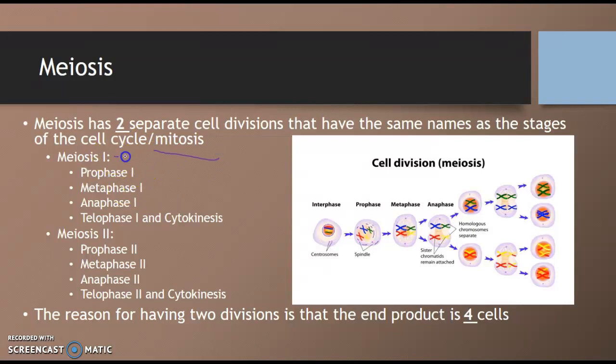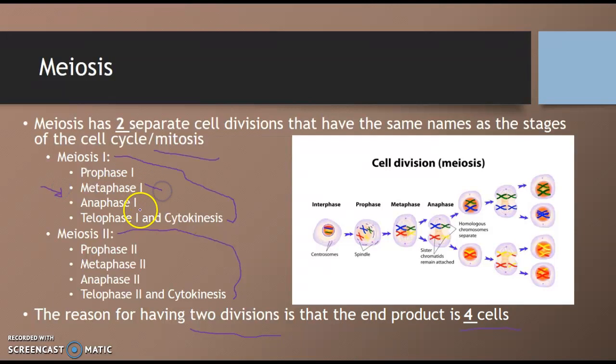In meiosis 1, you have prophase 1 going all the way down to cytokinesis 1. Then in meiosis 2, you have prophase 2, metaphase 2, anaphase 2, telophase 2, and cytokinesis. The whole reason for having the two divisions is because we want to have four cells in the end. And the same things that happen in mitosis in those stages happen in meiosis as well.